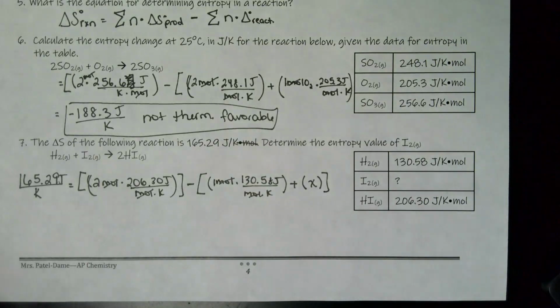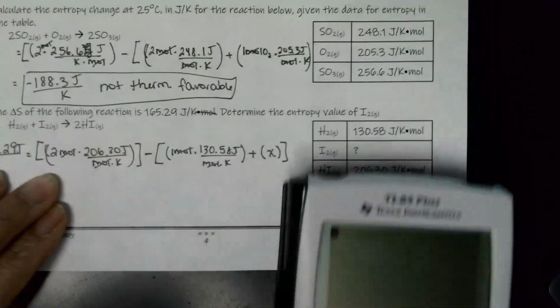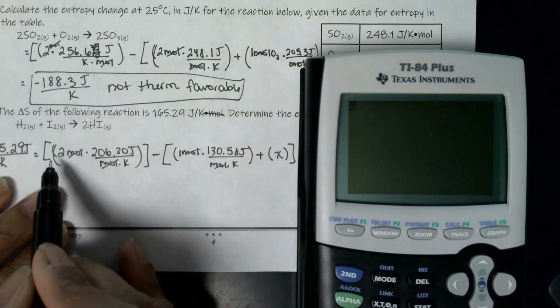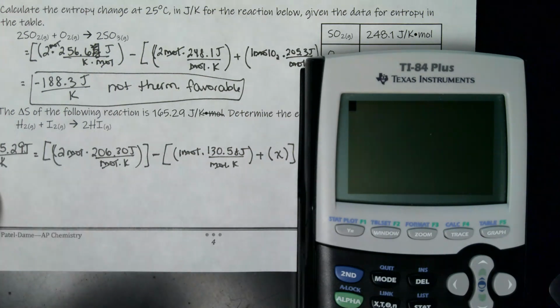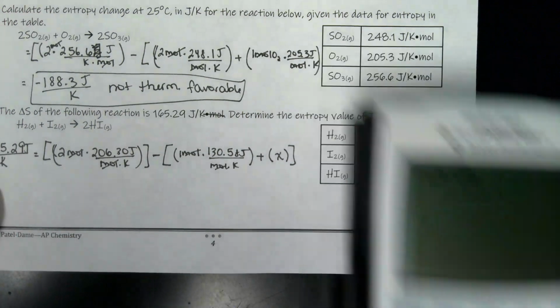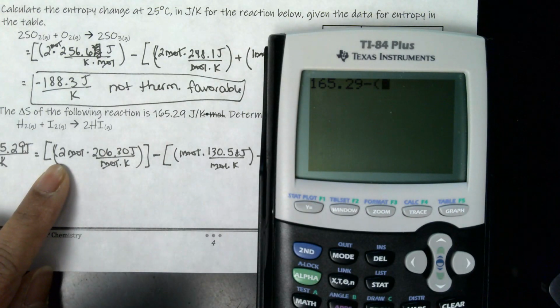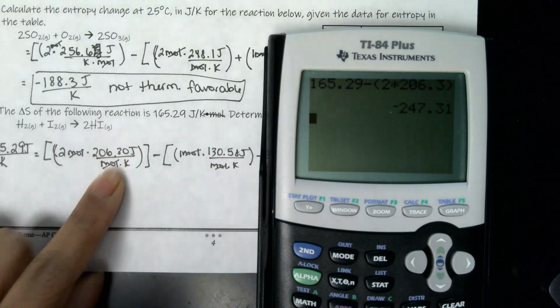All right. So we're just going to essentially do some algebra on this. Right? We're subtracting these two from one another. So I'm going to subtract this product from over here. 165.29, let me make sure my values are correct, minus 2 times 206.3. Notice that's in parentheses.